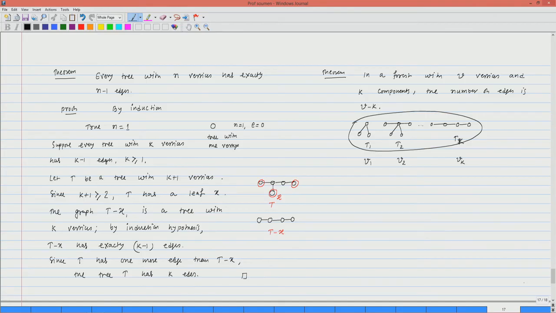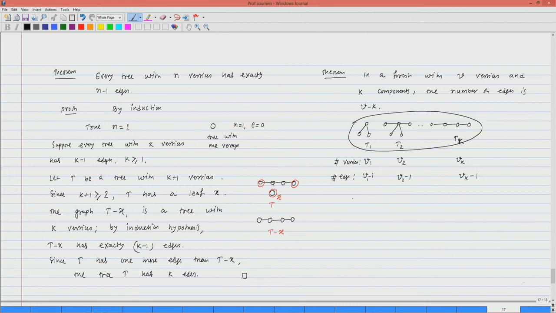If tree T1 has V1 vertices, then it has V1 minus 1 edges, where this is the number of edges and this is the number of vertices, and the second tree has V2 minus 1 edges, and the kth tree has Vk minus 1 edges.